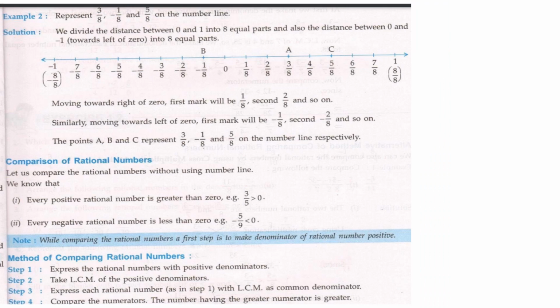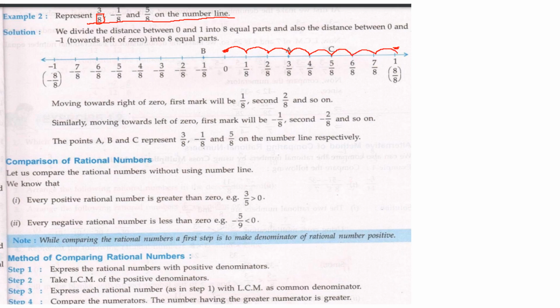For example, look here, they are asking you to represent 3 by 8, minus 1 by 8 and 5 by 8 on number line. Now here what? 3 by 8. So 8 means from 0 to 1, it should have 8 parts. Look here, 1 part, 2 part, 3 part, 4 part, 5 part, 6 part, 7 part and 8 part.